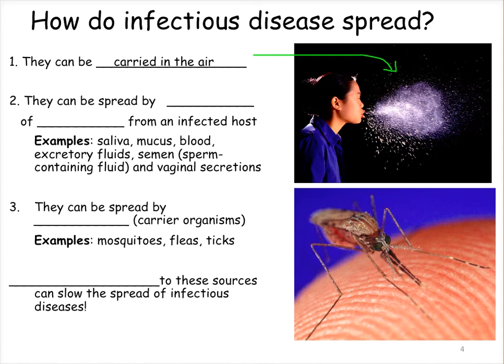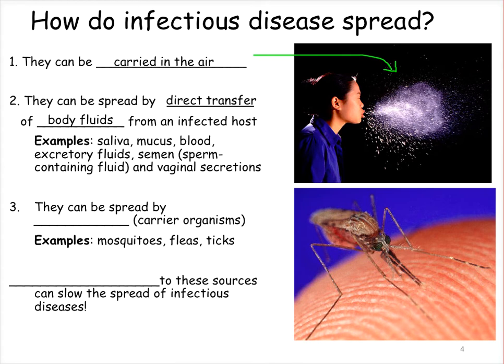Next, some infectious pathogens can be spread through direct transfer via contact with body fluids from an infected host. Some examples of body fluids that might harbor pathogens include saliva, mucus, blood, excretory fluids, as well as sexual fluids such as semen and vaginal secretions.